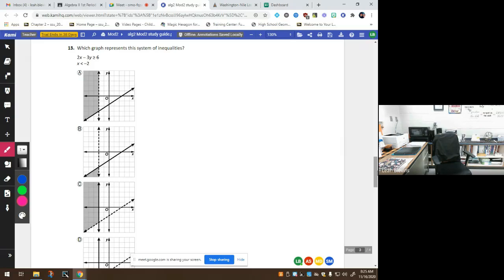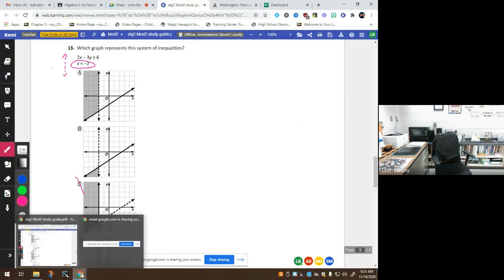We can rule out the last two because it's the smaller sign, so there's less to the line. Perfect. X is less than -2, not equal to, it's less than. Well, we know that that is a vertical line through -2. And it has to be a dashed vertical line because it's not equal to. So it has to be A or B, and it can't be C or D because they use solid lines.